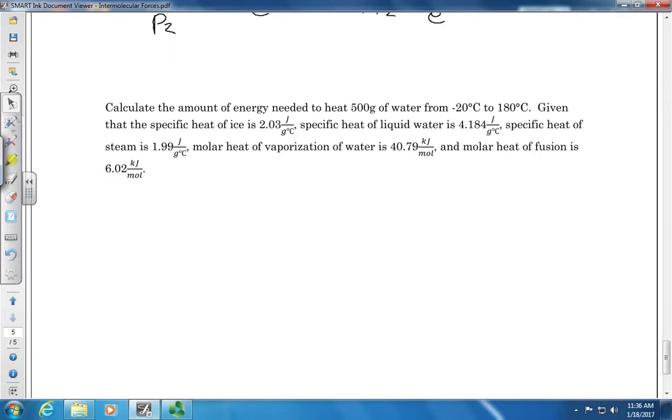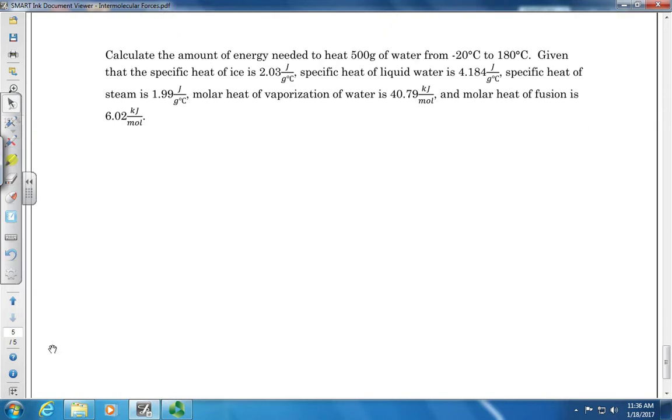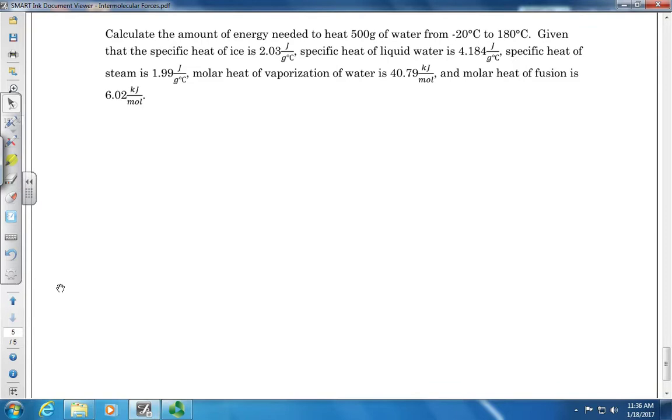Now, our next problem asks us to calculate the amount of energy needed to heat 500 grams of water from negative 20 degrees Celsius to 180 degrees Celsius. And it gives us the specific heats as well as the molar heat for fusion and vaporization. And this is just a simple thermodynamics problem.